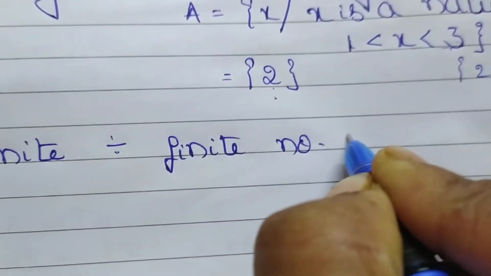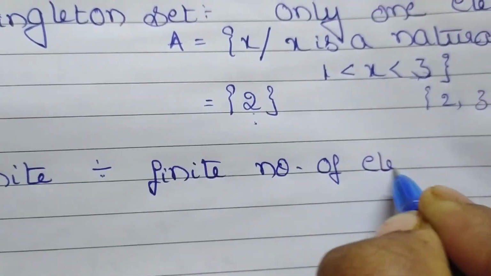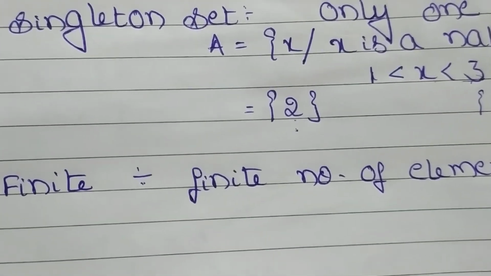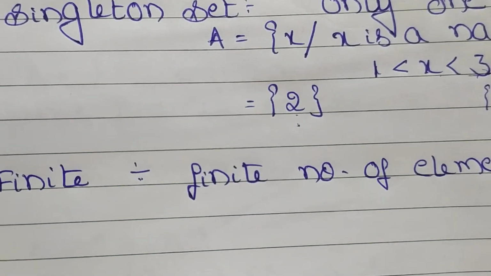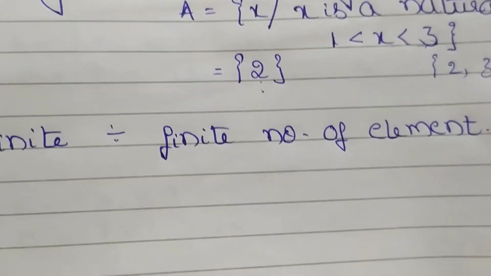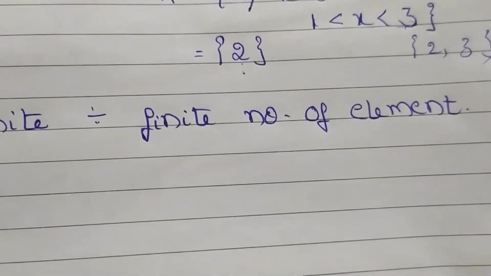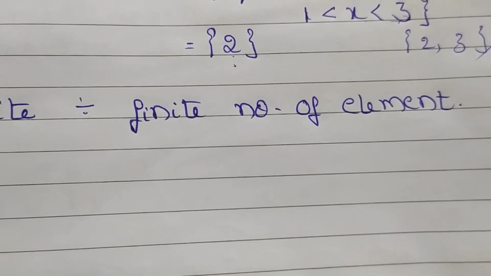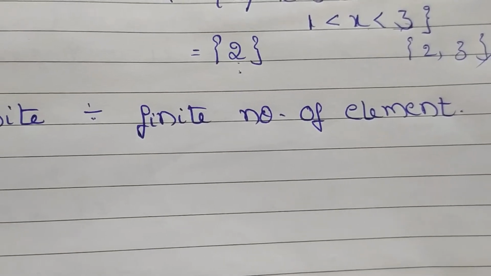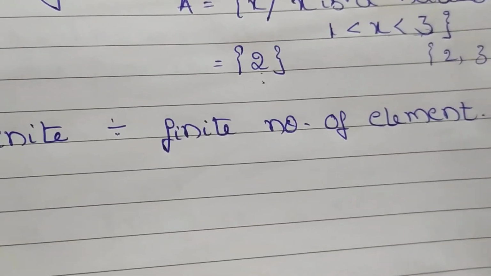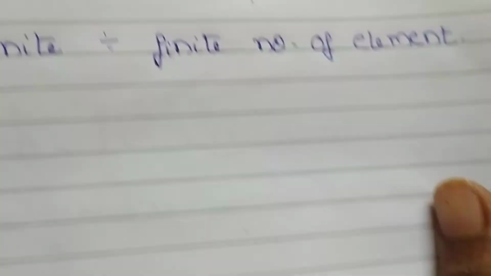If a set contains a finite number of elements, then such sets are called finite sets. The number of elements in that set should be countable. You should be able to count. So such sets are called finite sets. Otherwise we will name them infinite sets.